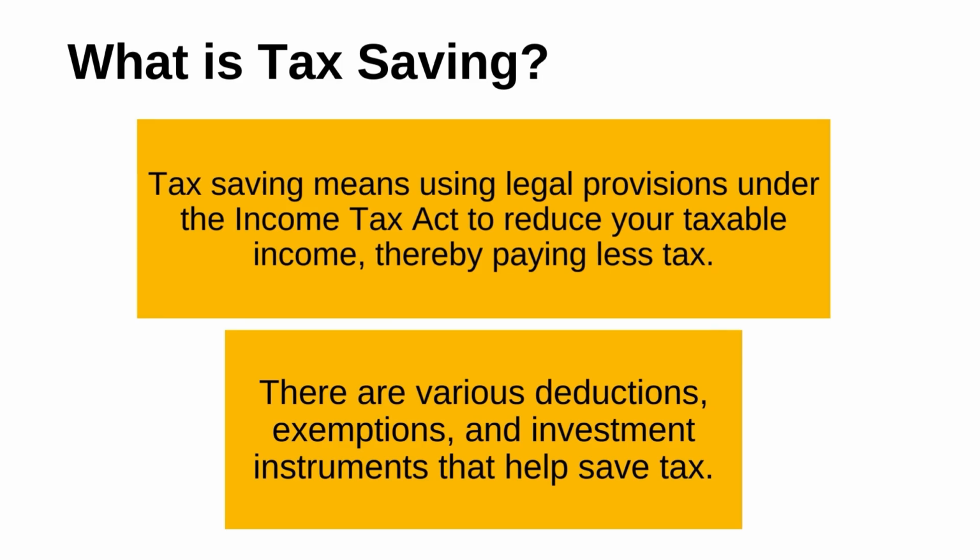In order to pay less tax. There are various deductions, exemptions and investment instruments that help save tax. In previous slides I have already discussed deductions and exemptions, and in the coming slides we are going to discuss the various investment instruments available to save tax.